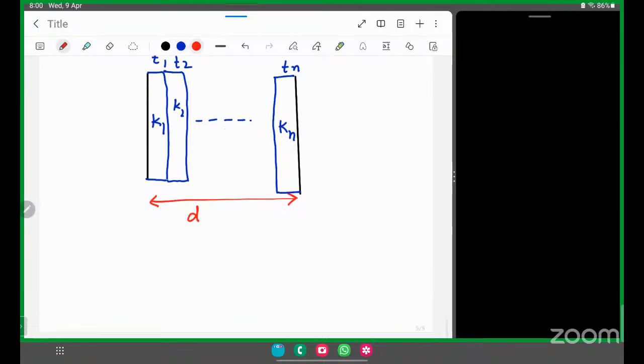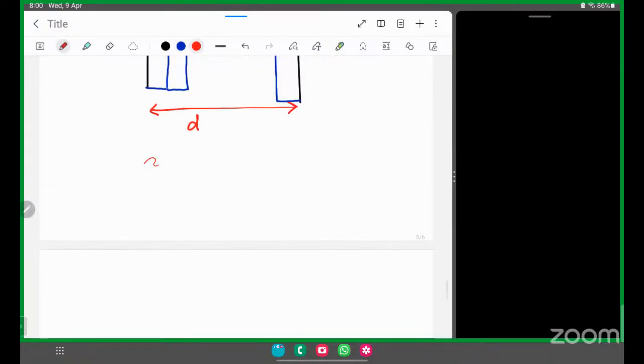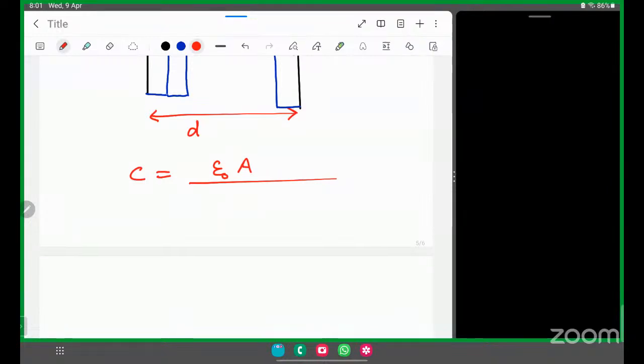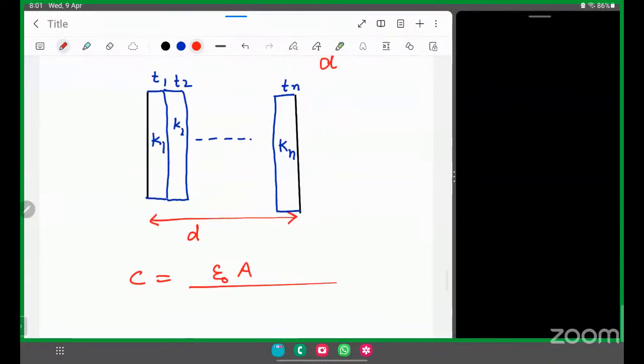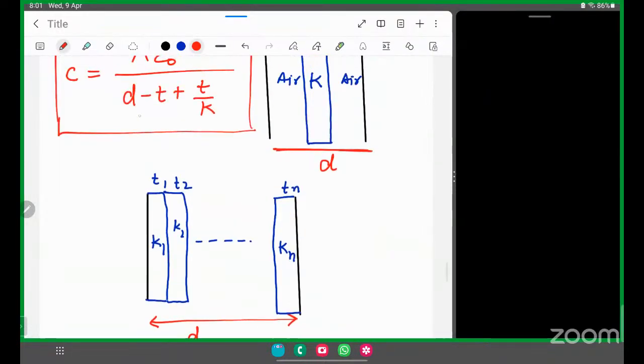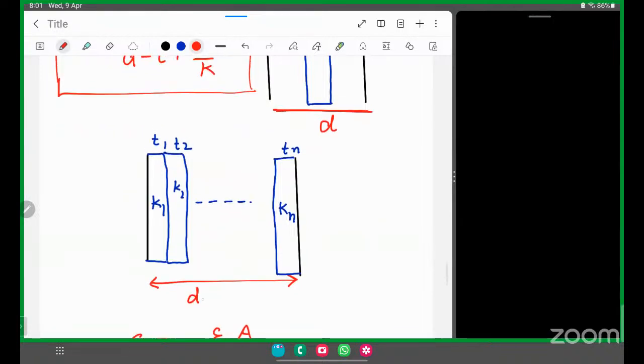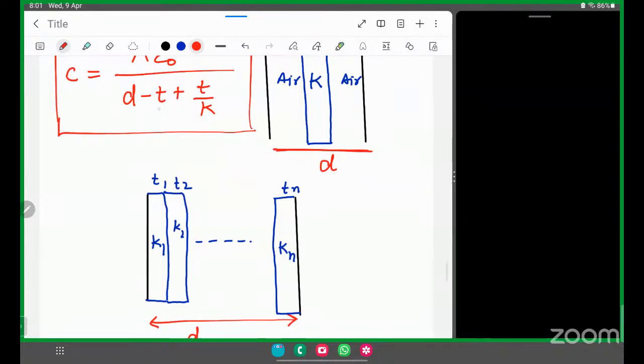The capacitance C in this case will be epsilon naught A divided by, since we will use the same formula, where the complete distance is D and T is the thickness.